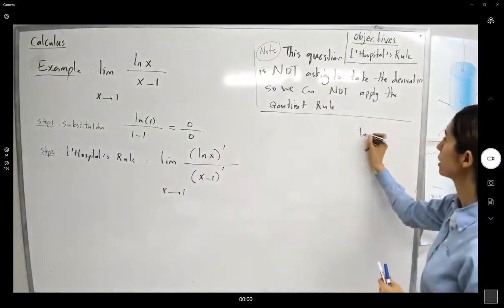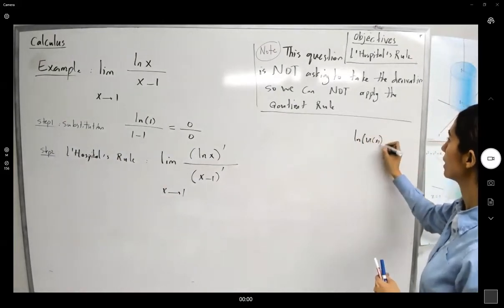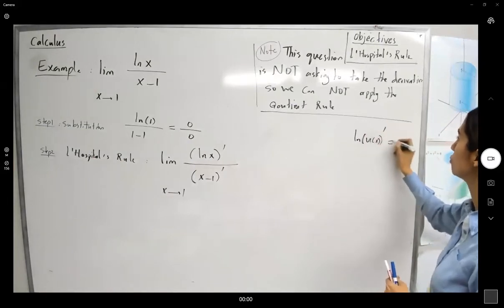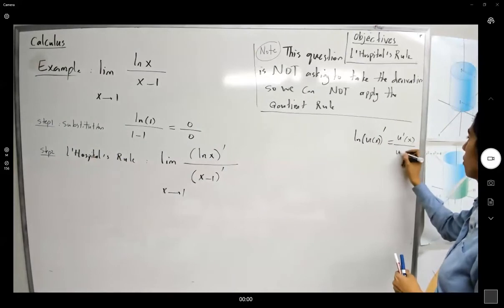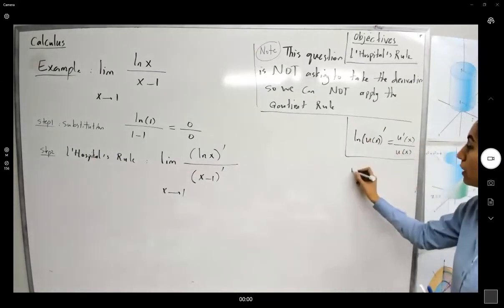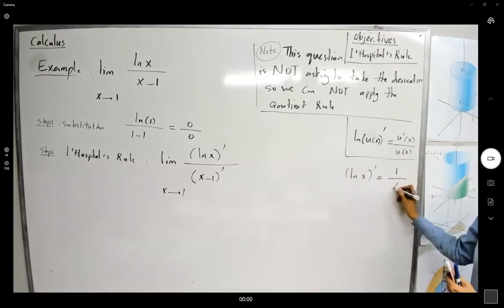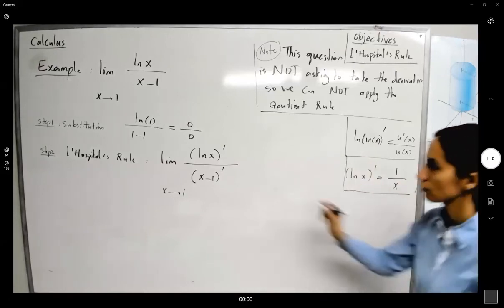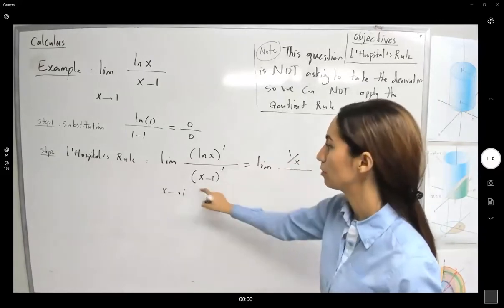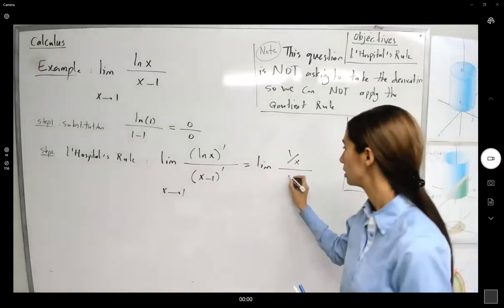So remember that when you're taking the ln of u of x, the composition of two functions, the derivative is equal to u prime divided by u. So now here you have ln of x. The derivative is just 1 divided by x itself. So on the numerator, I have 1 over x. On the denominator, the derivative of x minus 1, just a linear expression, is 1.